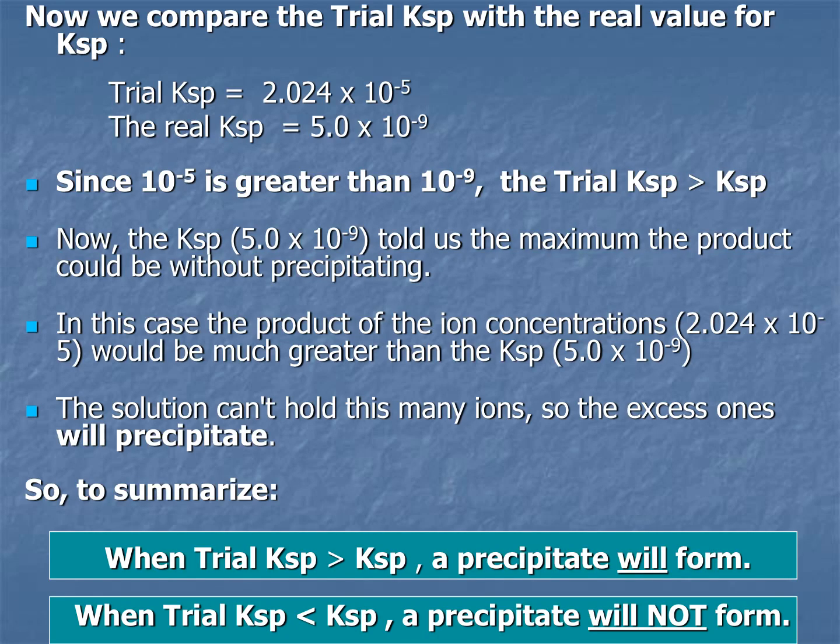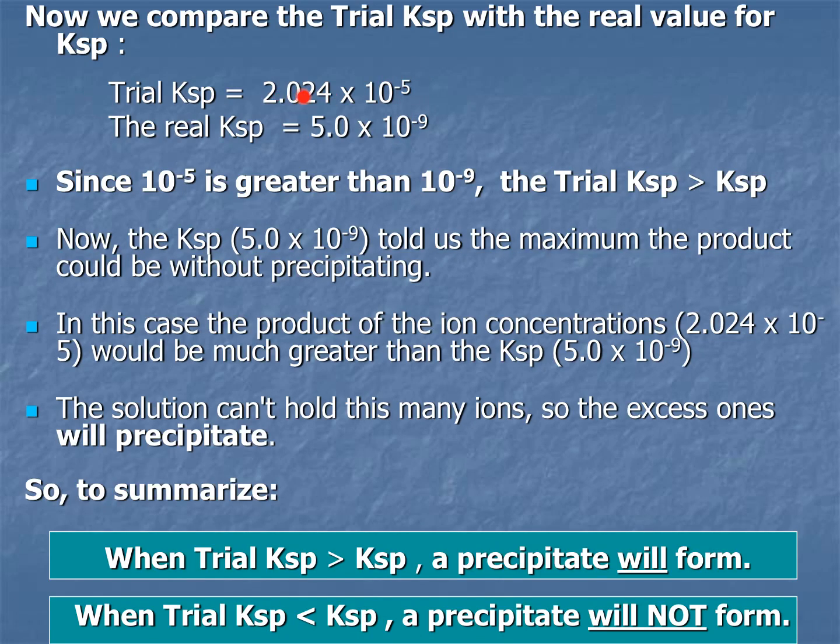So now we need to compare our trial Ksp to the given Ksp. So our trial Ksp to our real Ksp. Since 10 to the negative fifth is greater than 10 to the negative ninth, my trial Ksp is greater than my Ksp. Now be careful that you're paying attention to these exponents.